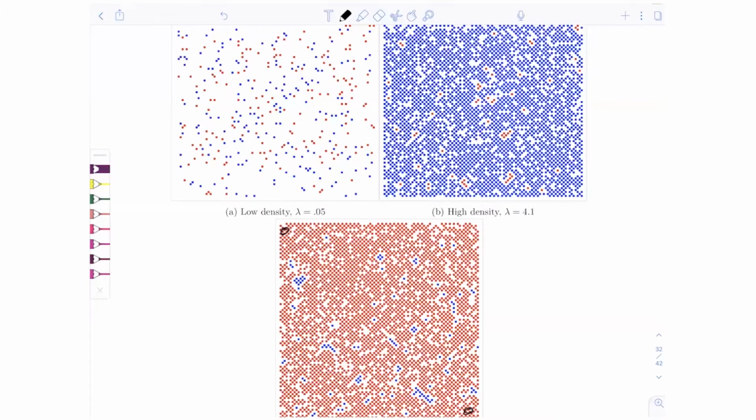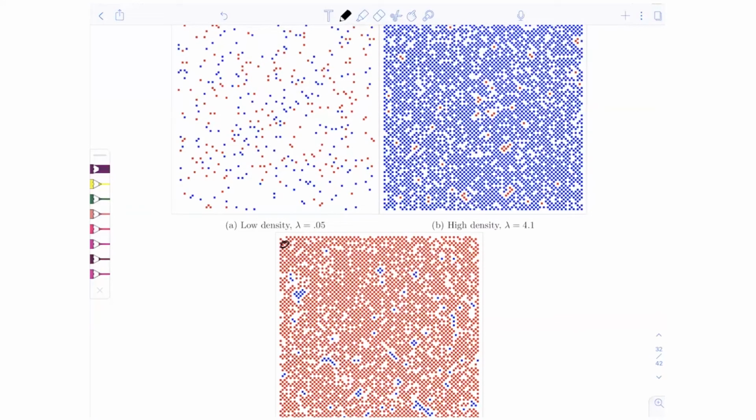But now what I want you to do is really squint your eyes and think, do these three pictures really look that different? Obviously they look different, but imagine that I'm doing Microsoft Paint or something, and instead of having a white background, I choose a background that's a red and white checkerboard.